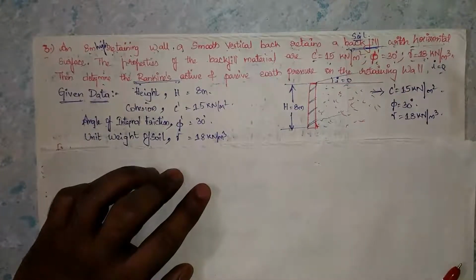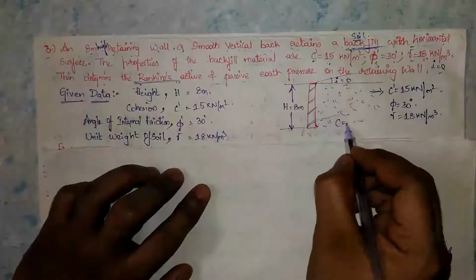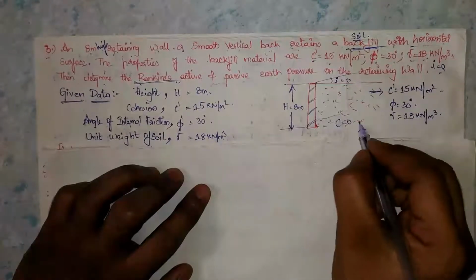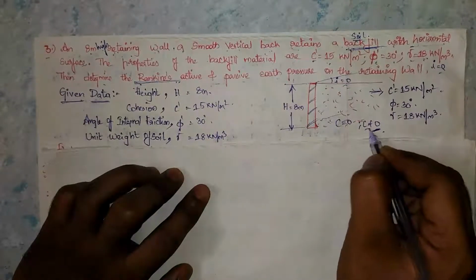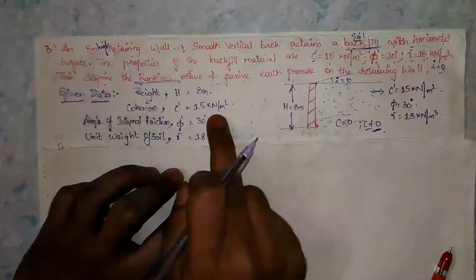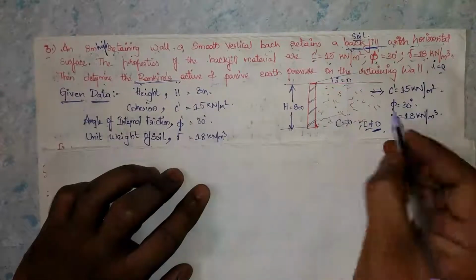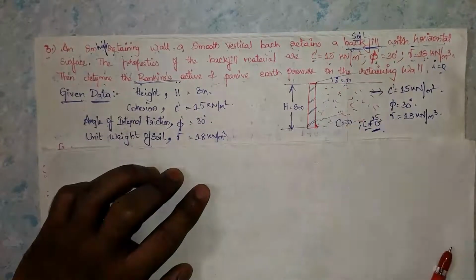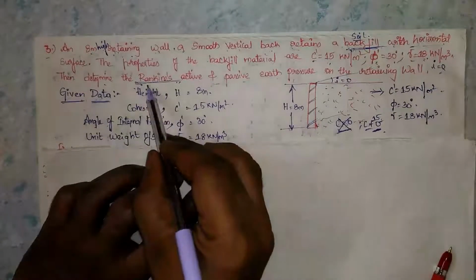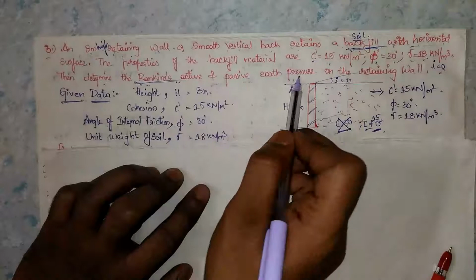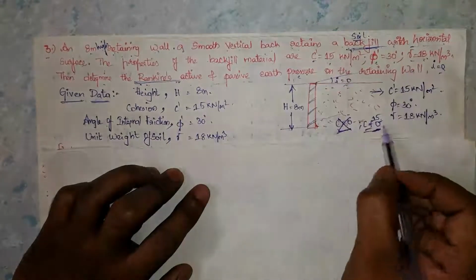Which formula we have to use? For cohesionless soil, C equals 0. For cohesive soil, C is not equal to 0, that means some value will be present in cohesive soil. Check in the question, he has given a value, C equals 15. So cohesionless soil is not present, so we have to use Rankine's active and passive earth pressure theory for cohesive soil.